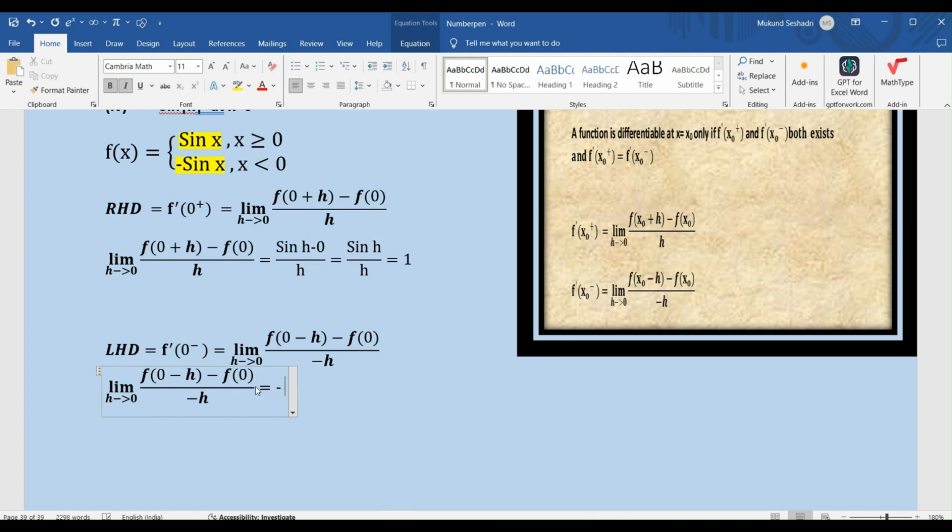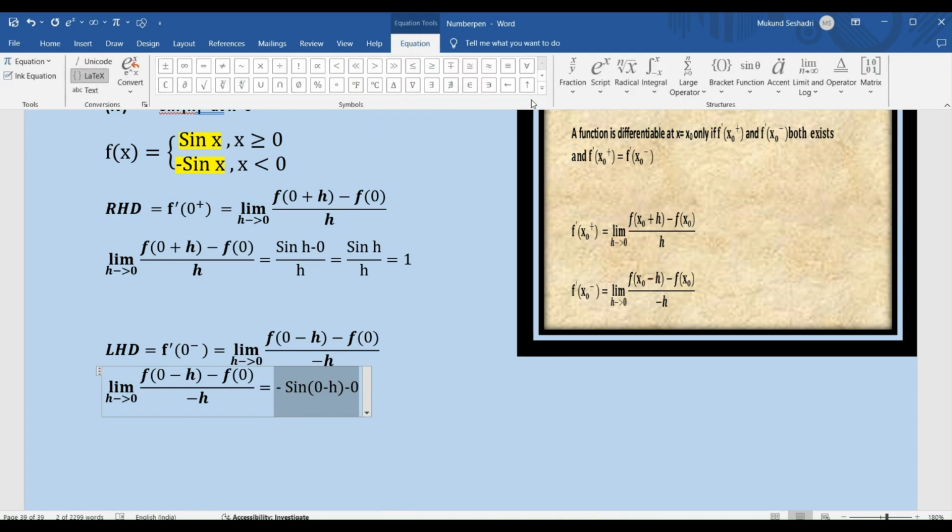So I will have my minus sine of 0 minus h. Minus f of 0 is sine 0, which is a 0. So I can call it 0 here. And I'm left with minus of sine of 0 minus h divided by minus h. So that's what I have.